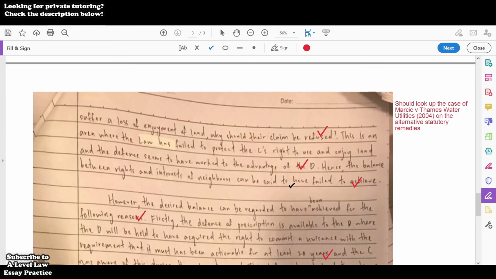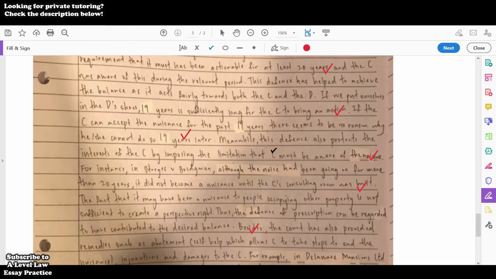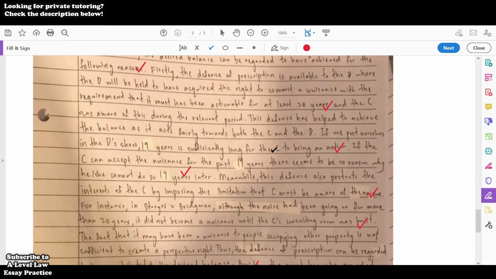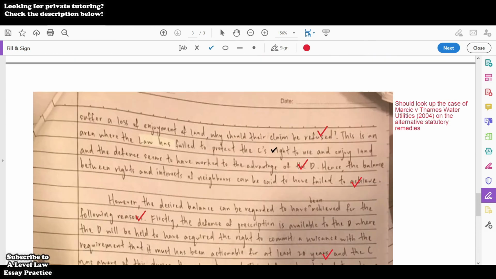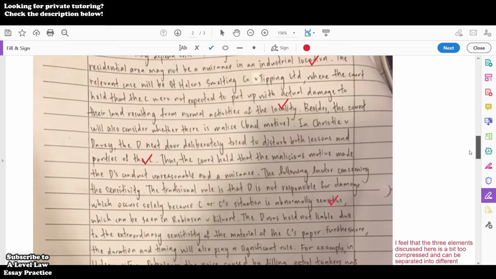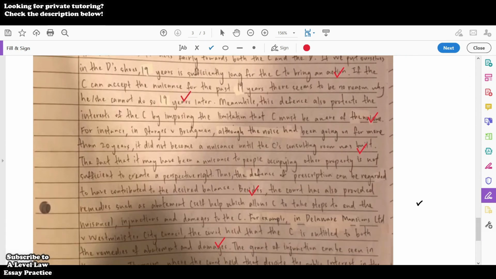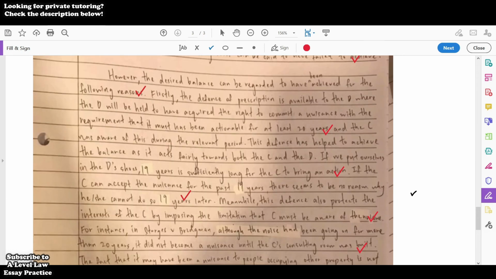So what I'm trying to say is that for both of these defenses, which you use as an evaluative discussion point on whether or not there's any balance in rights and interests, it'll be good to discuss both ways for both defenses, so that you make it seem a bit more critically evaluative.